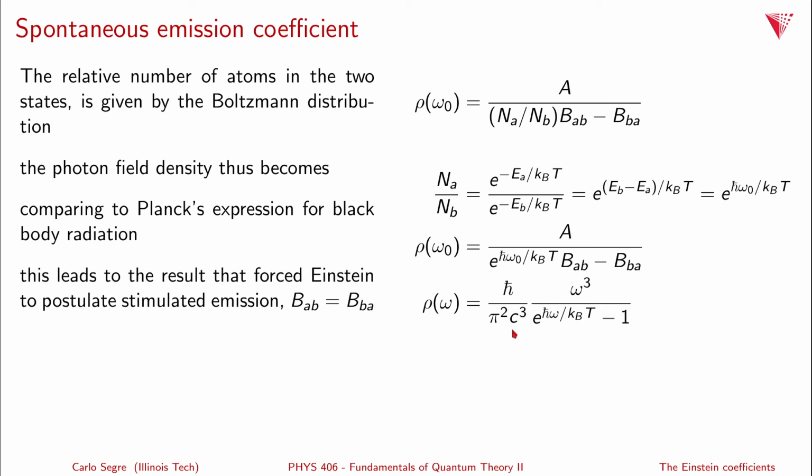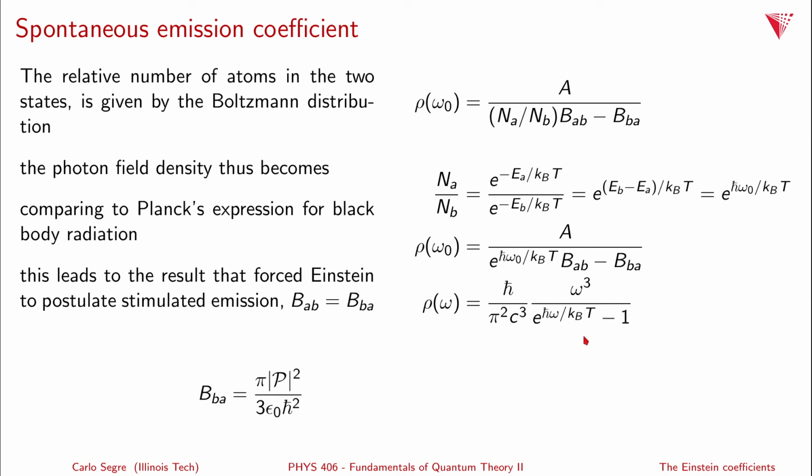So the fact that these two are so similar forced Einstein to postulate that the rate of absorption, B_AB, is equal to the rate of emission, which is B_BA. So if these are equal to each other, then you can just replace this with A over B_AB.